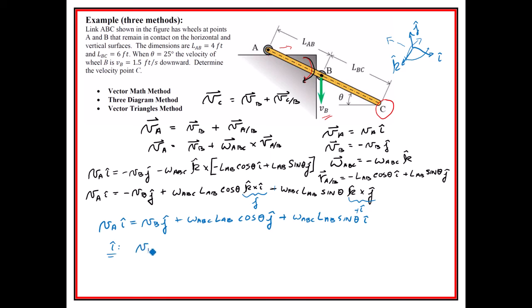And we get VA is equal to omega ABC LAB sine of theta, right? That doesn't help us because we don't know omega ABC. But now we could go to the J, and we could say, oh, it's going to be 0 equals VB, something that we know right here.